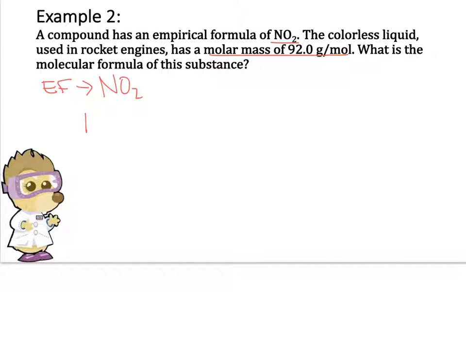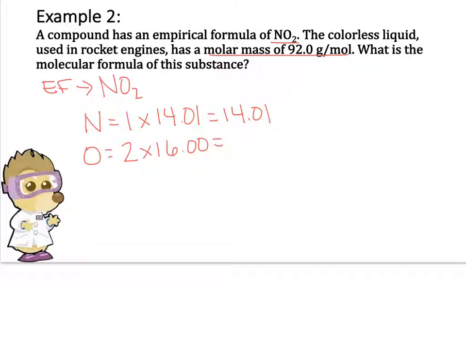Next, we want to calculate the molar mass of the empirical formula. So we have 1 nitrogen in our formula. Nitrogen's atomic mass from the periodic table is 14.01. And then we have, for the oxygens, 2 atoms of oxygen. Oxygen's atomic mass from the periodic table is 16.00. And we multiply that across, we get a 32.